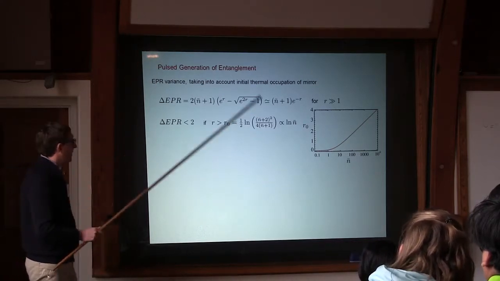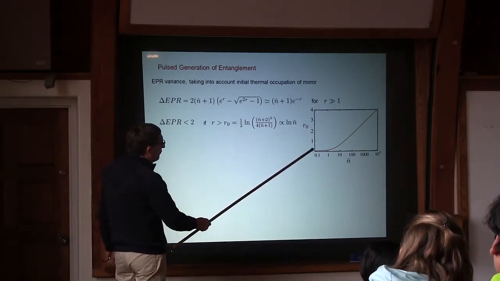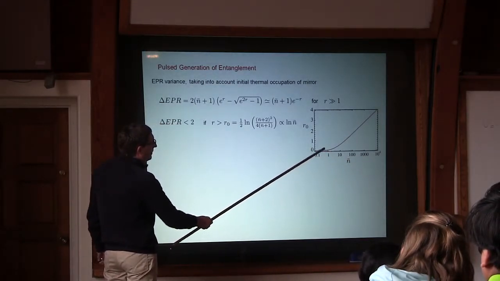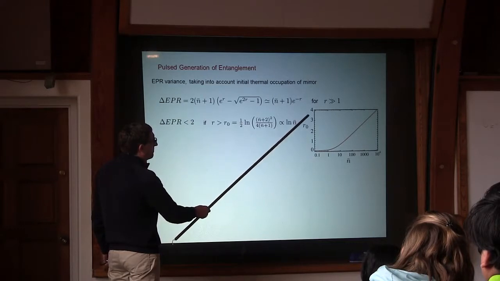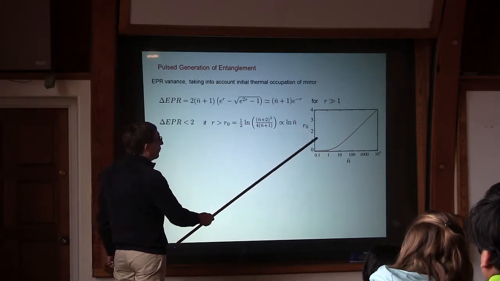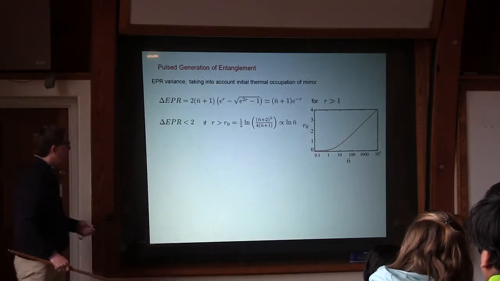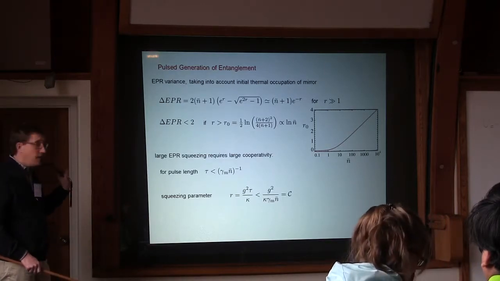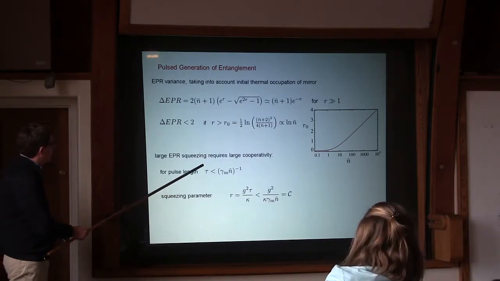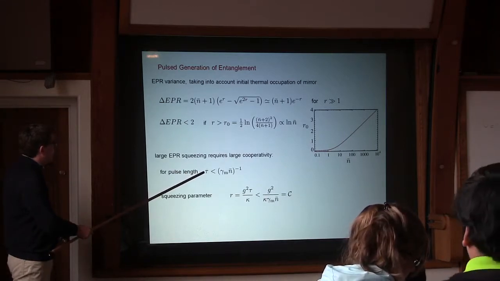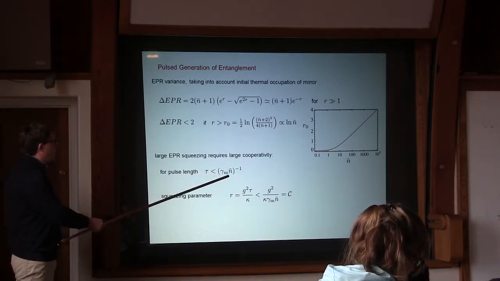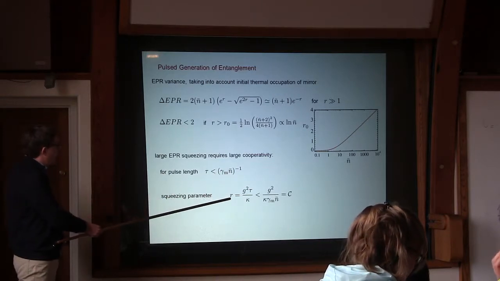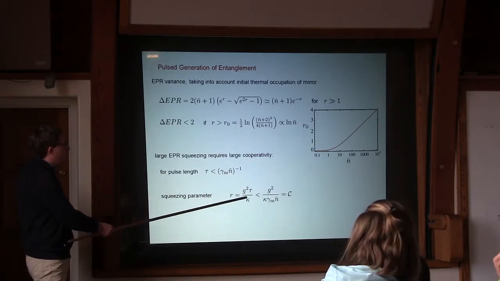That's very handy. So even for a pretty large number of initial thermal phonons, we need only a rather small value for r. So that raises, of course, the question how large this r can actually be. Remember that the pulse length should be smaller than the inverse thermal decoherence rate of the mechanical oscillator, and our r turned out to be g squared times tau over kappa.